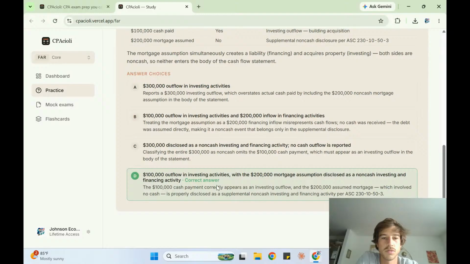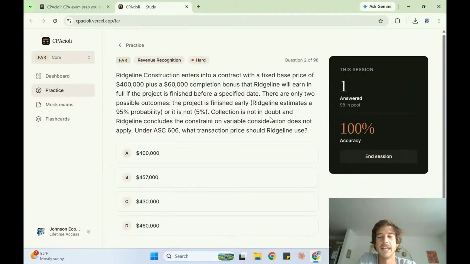So it's an investing outflow, plus a supplemental non-cash investing and financing activity. Cool. We're going to do just 50 of these and call it a day like we did yesterday, because on the actual FAR section, there's 50 multiple choice questions and then 7 task-based simulations, which we'll study a little bit later.